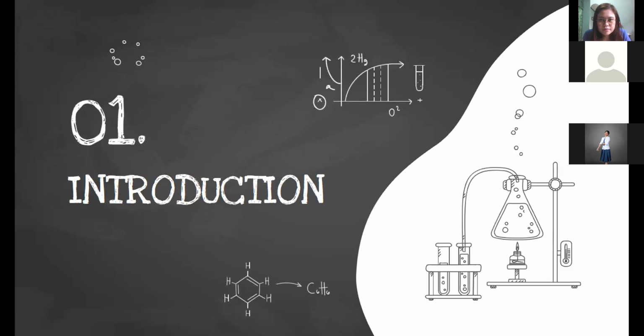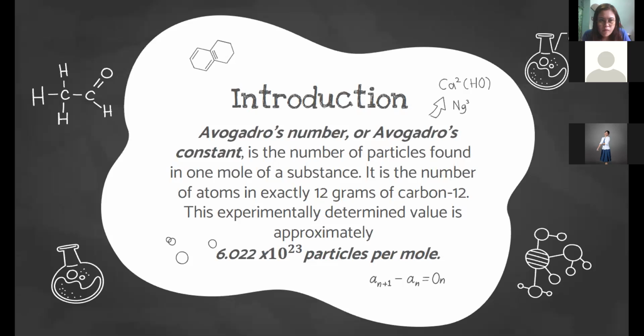For our introduction, Avogadro. So to start, Avogadro's number or Avogadro's constant is the number of particles found in 1 mole of a substance, in which it is the number of atoms in exactly 12 grams of carbon-12.